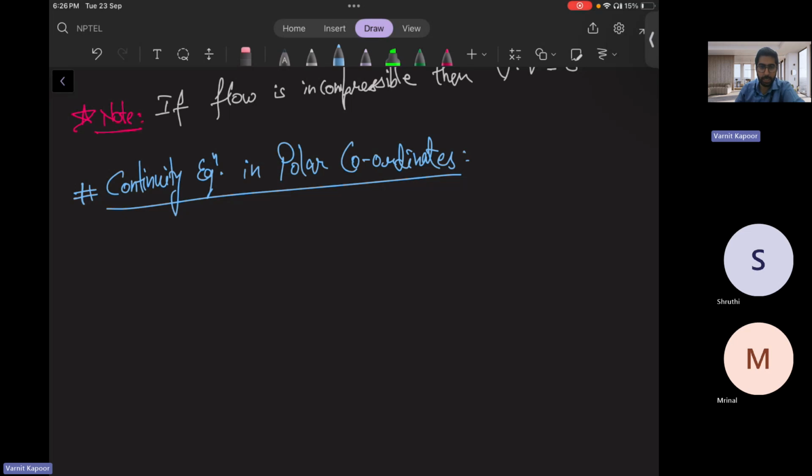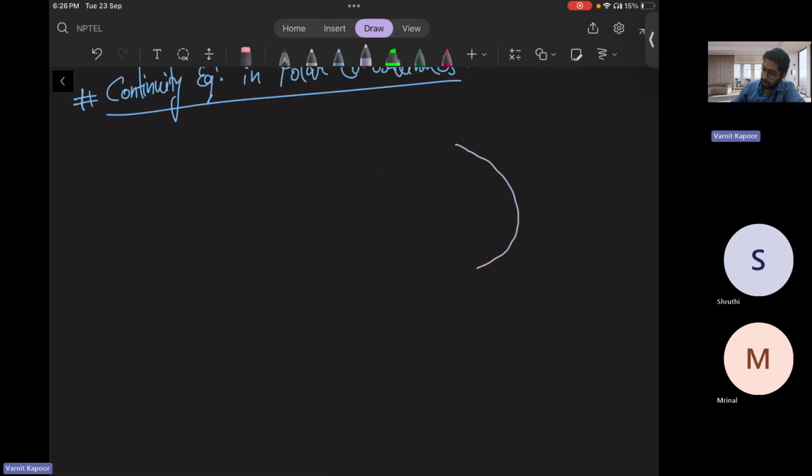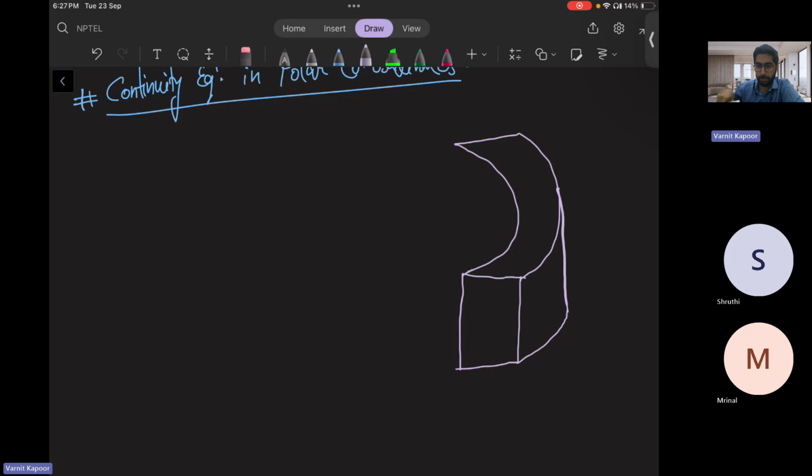Suppose I have a fluid element. I again consider a fluid element like this, in the form of a cylindrical format.